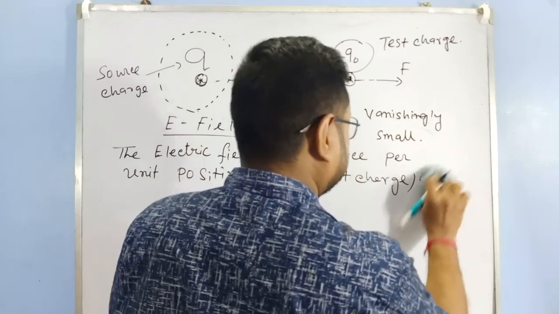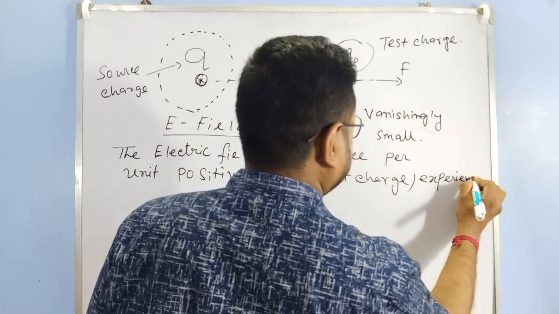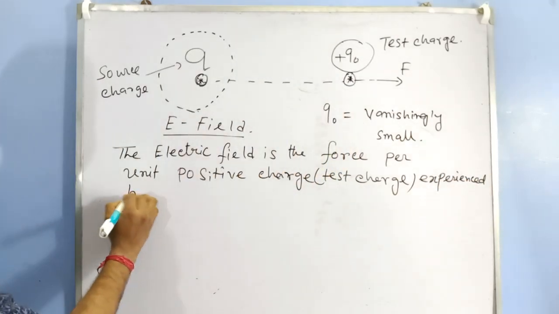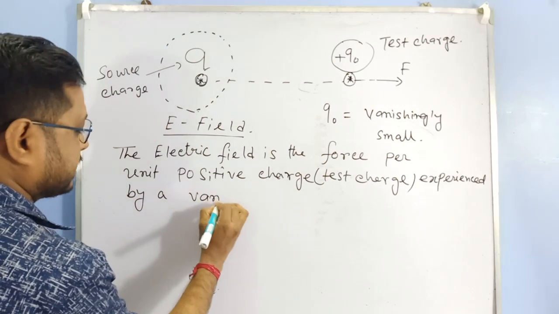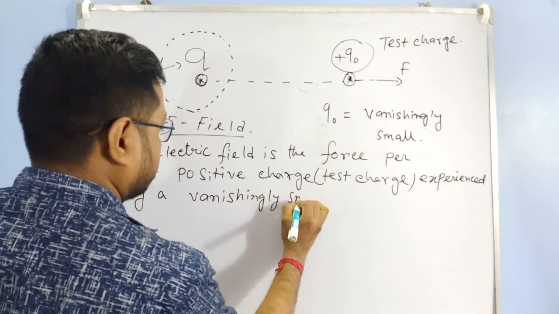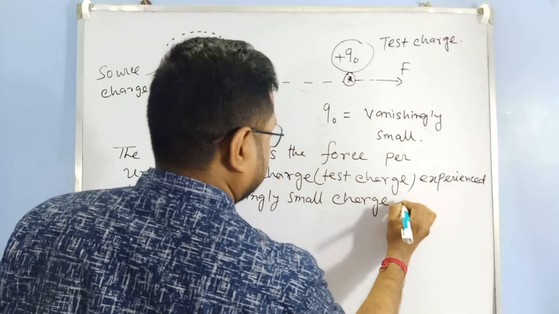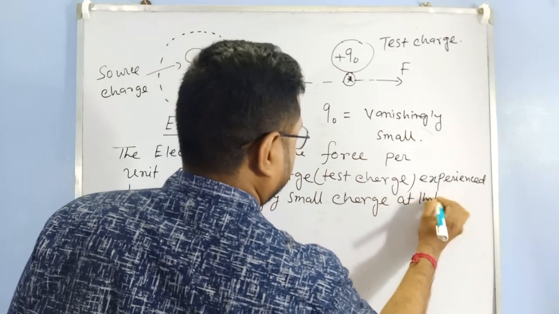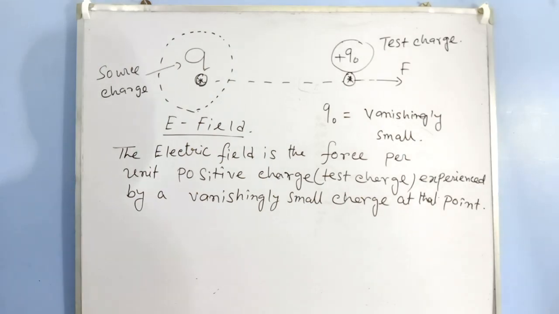So electric field is the force per unit positive charge experienced by a vanishingly small charge at that point. This is the definition of electric field.